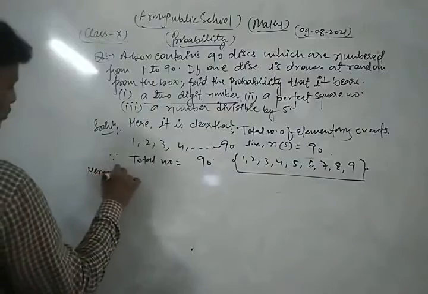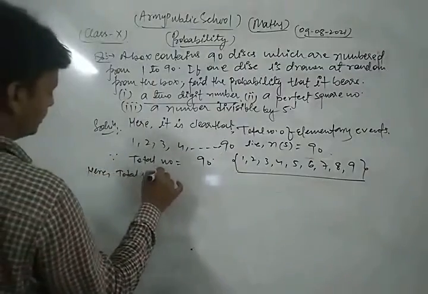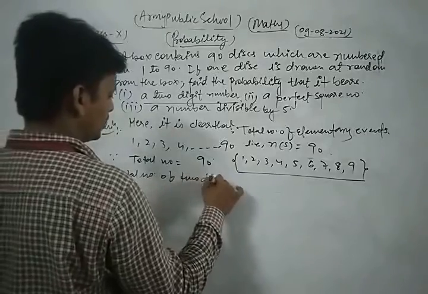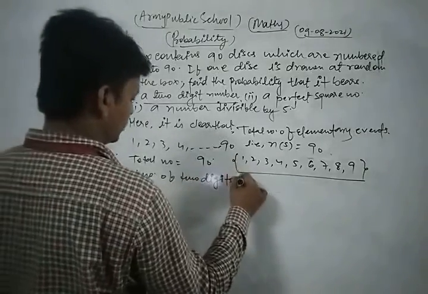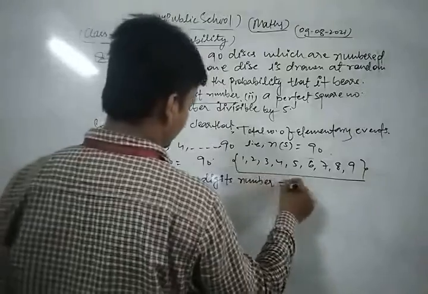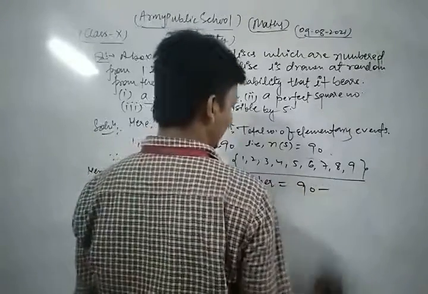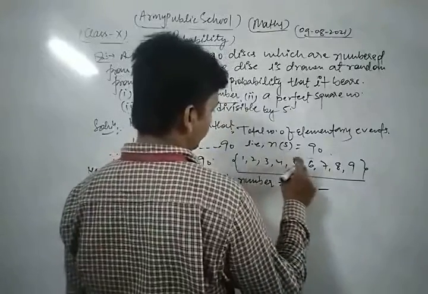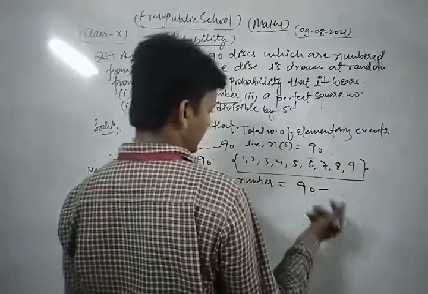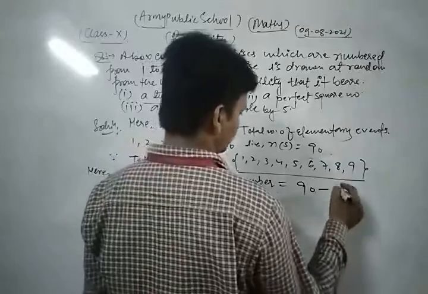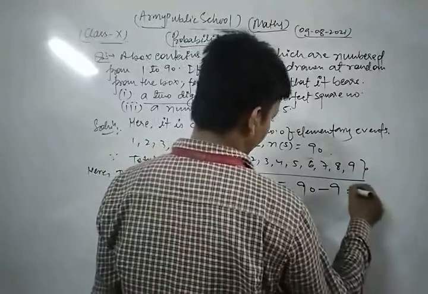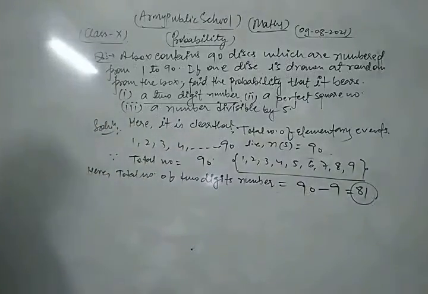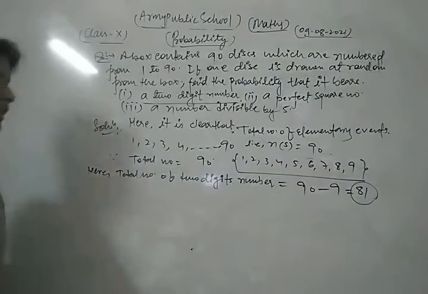Total number of 2-digit numbers is 90 minus 9, so we get 81. So dear students, 81 numbers contain 2 digits.